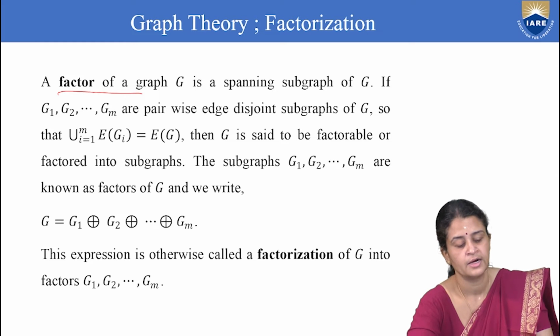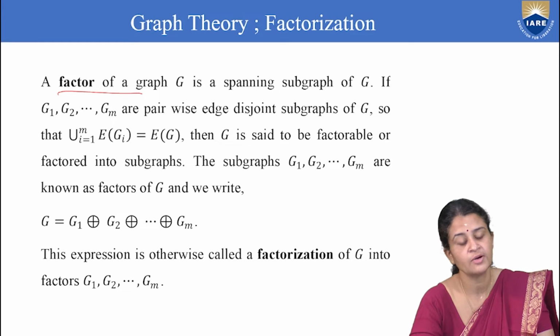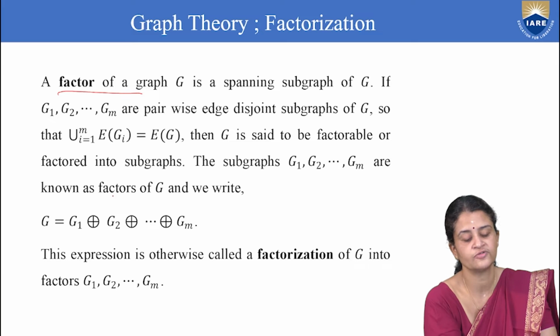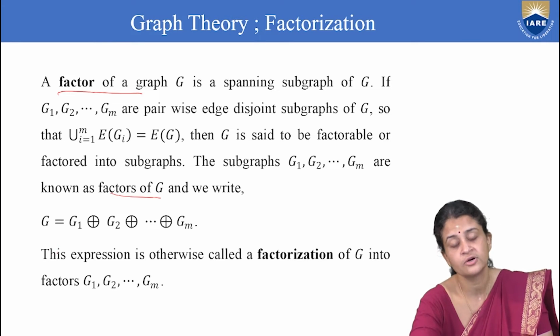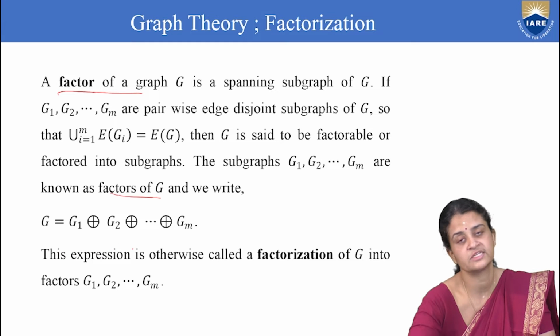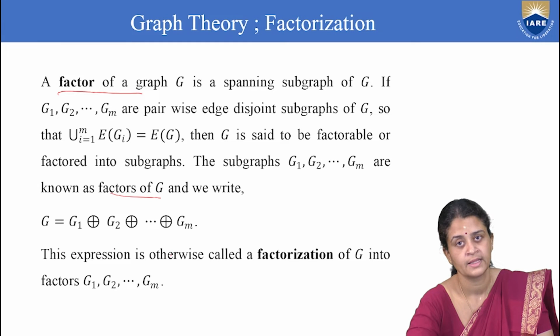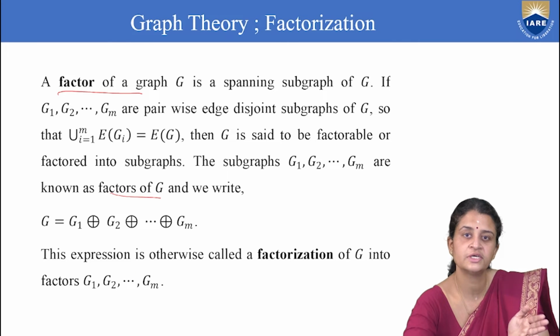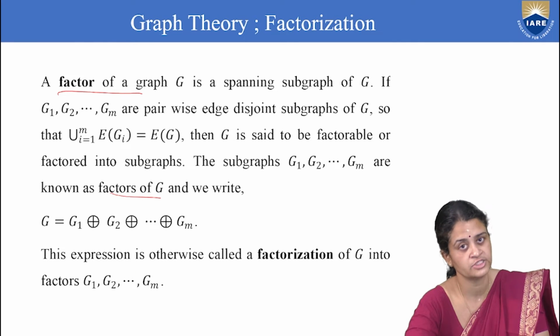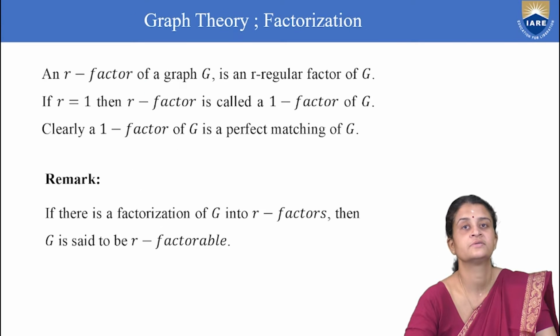These G1, G2, etc., Gm are known as factors of G. We express this as G equal to G1 ring sum G2 ring sum etc. Gm. This expression is also called factorization of G into G1, G2, etc., Gm.